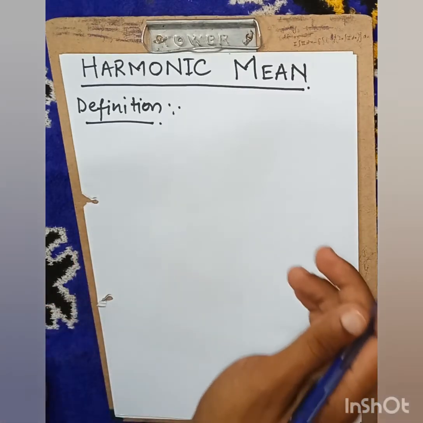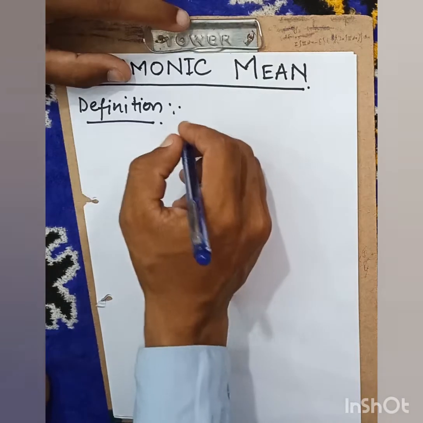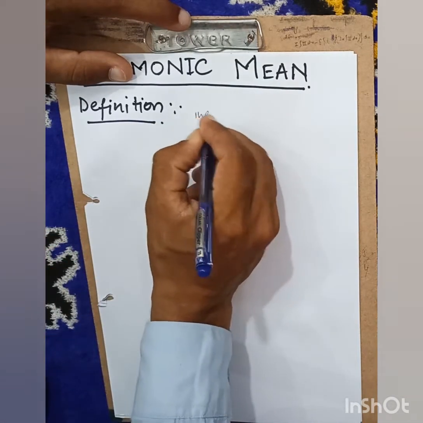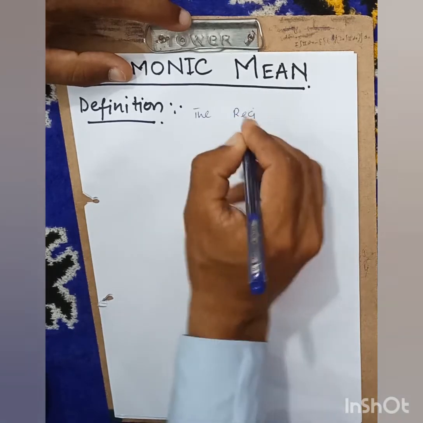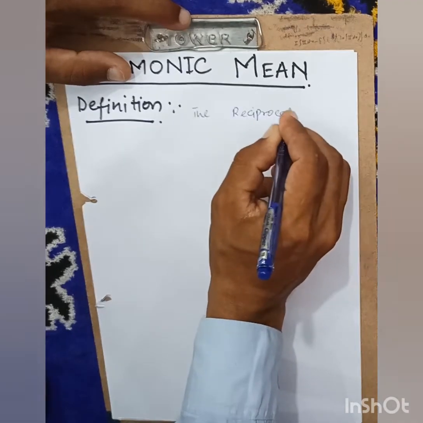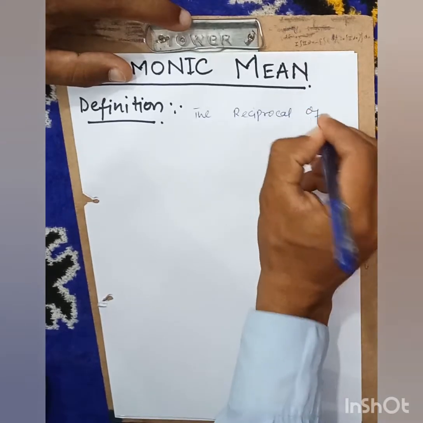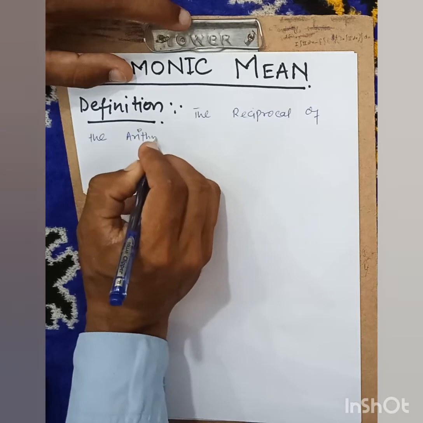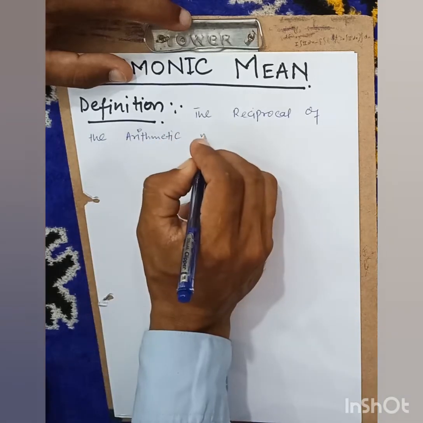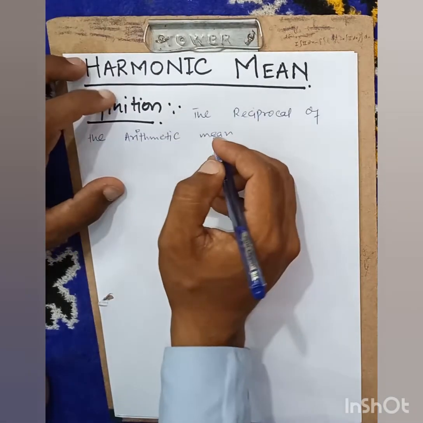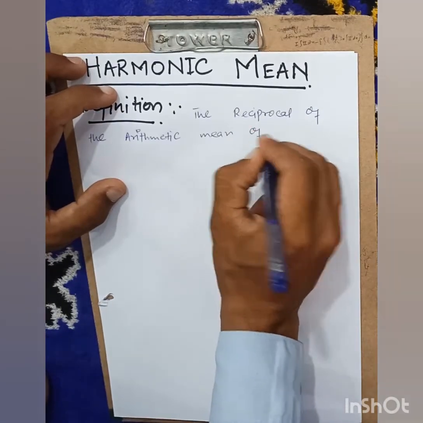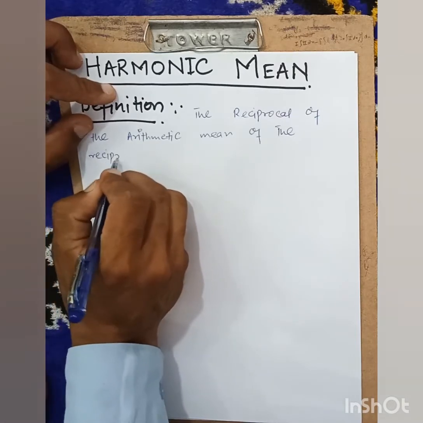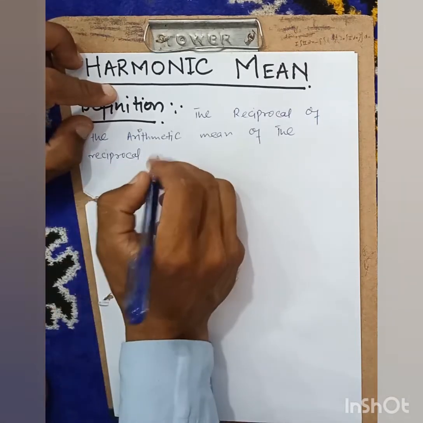So the harmonic mean is defined as the reciprocal of the arithmetic mean of the reciprocals of the values.